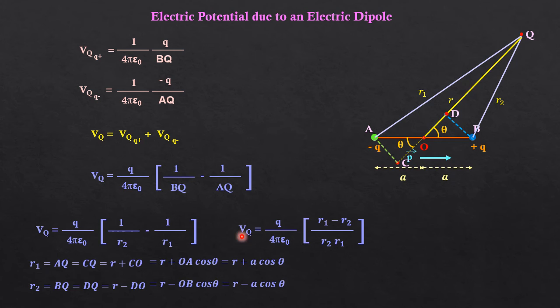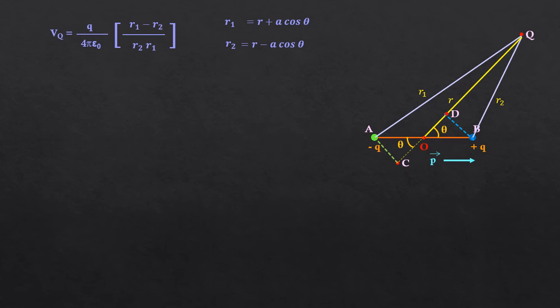In the next step, we will substitute these expressions for R1 and R2 in this equation. We have the previous expression, that is VQ is equal to Q by 4 pi epsilon naught into (R1 minus R2) divided by R2 R1, and from our assumptions we got R1 is equal to R plus a cos theta and R2 is equal to R minus a cos theta.